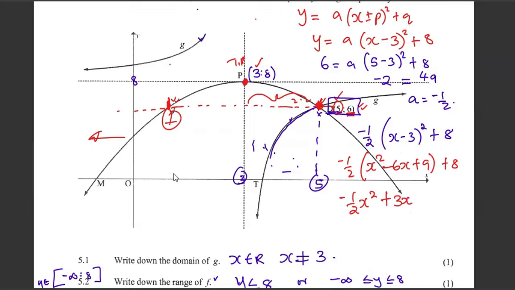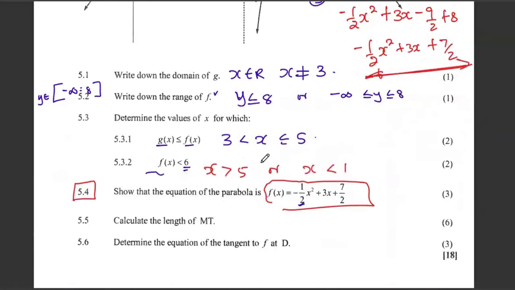And the negative a half times 9 is negative 9 over 2, plus 8. Simplify this: negative 9 over 2, we are adding 8, we get a positive 7 over 2. So that is how I would have gone about that question.